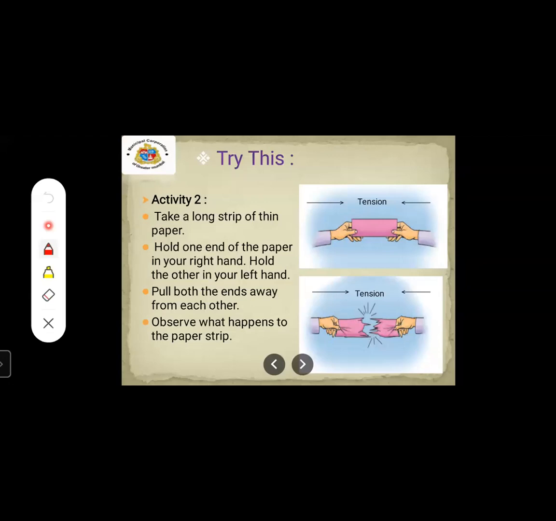Observe what will happen when we pull both the ends of the strip at a time with full pressure. There you will see tension will be created. It will tear the middle of the strip of paper, and it will be divided in two parts. So how has it happened? Because of the tension.